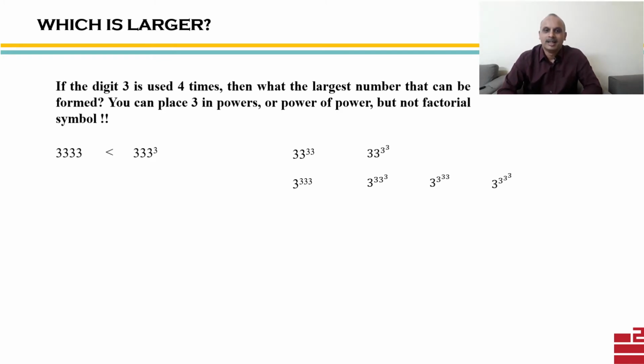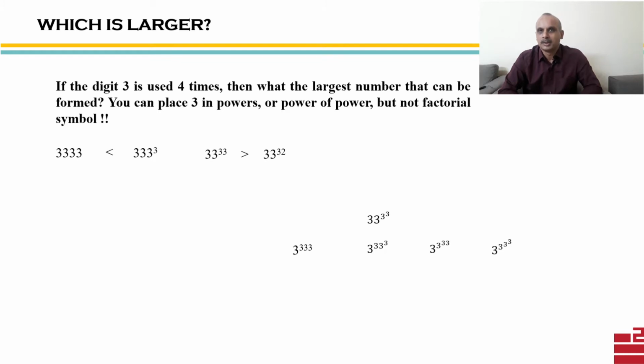What next? Next pair will be 333 cube versus 33 to the power 33. In this, how do we go about it? Now see that 33 to the power 33, we can write as more than 33 to the power 32, because base is same, power is decreased from 33 to 32.